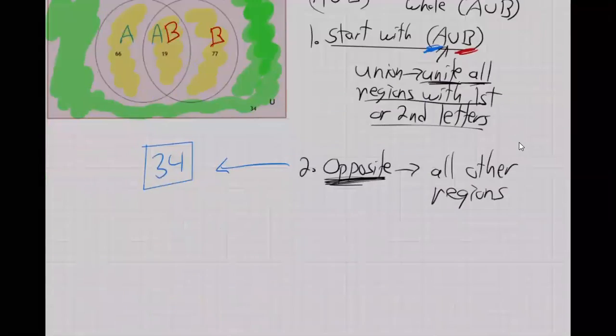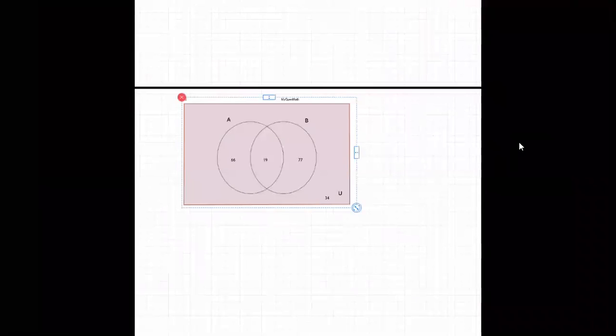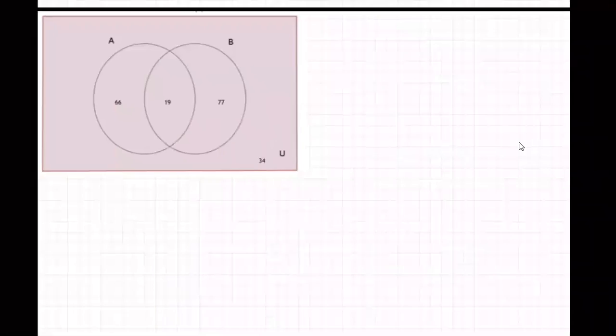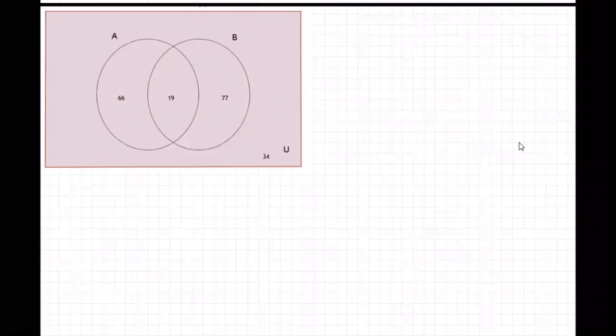A not overlap, B not. All right, let's do it. So first off, let's find the A not regions.